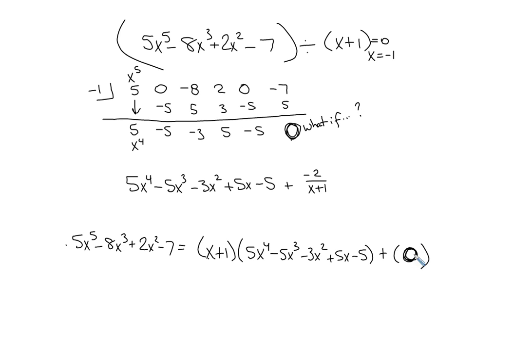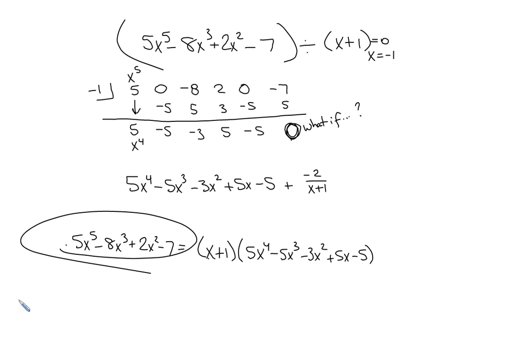If this ends up being a 0, does it need to be there? So if the remainder ends up being a 0, this is what we get. We get that our polynomial is equal to our divisor times a quotient. What did we now just do to this polynomial? We factored it. Do you guys see that? That if the remainder upon division is 0, that means this goes into this evenly this many times, which means we have now factored this.